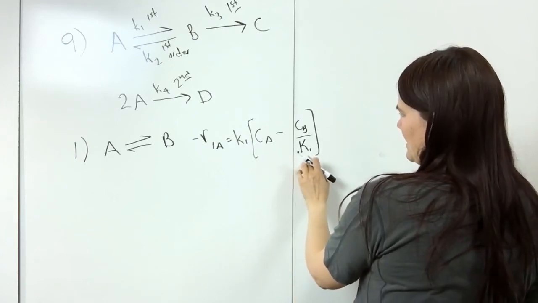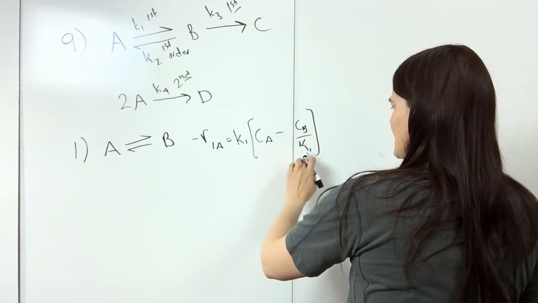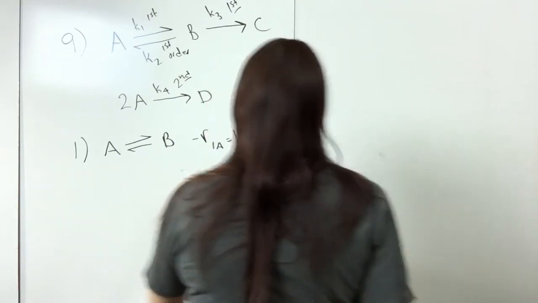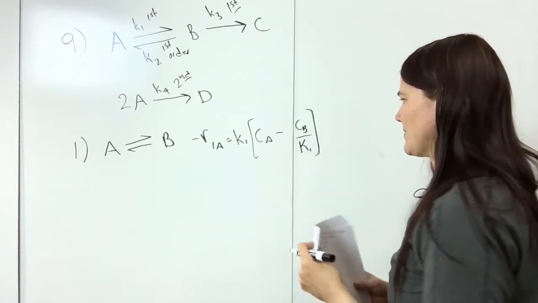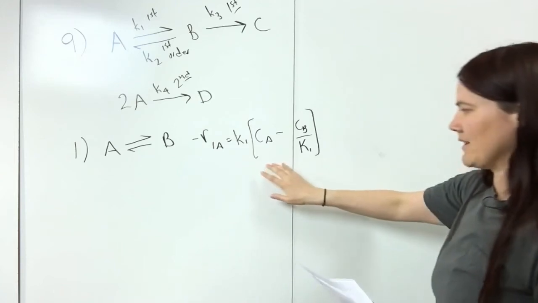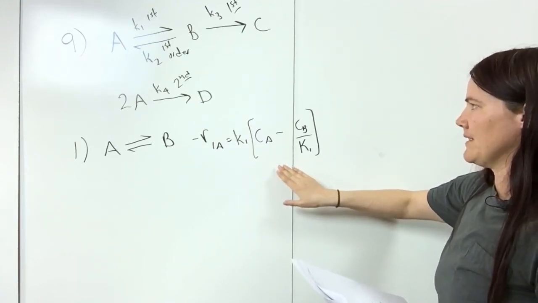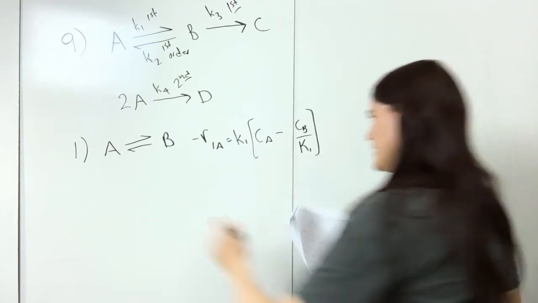And remember, these two K's are different, and this is the equilibrium conversion. I don't want to go through the details of deriving this because I've already done that in a different video. So this is just the rate law for a reversible reaction. If you're confused about how this was derived, then make sure you go back and review that.